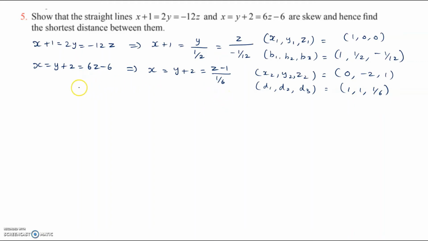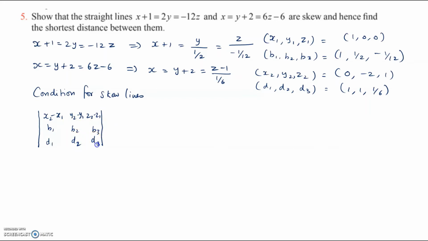Alright, now the condition for skew lines is given by the determinant with rows x2 minus x1, y2 minus y1 and z2 minus z1, then b1, b2, b3, then d1, d2 and d3.